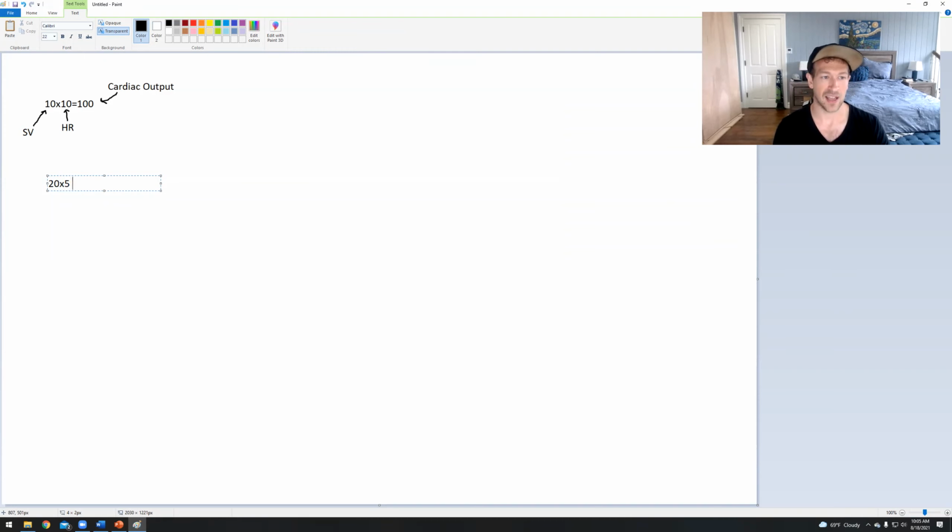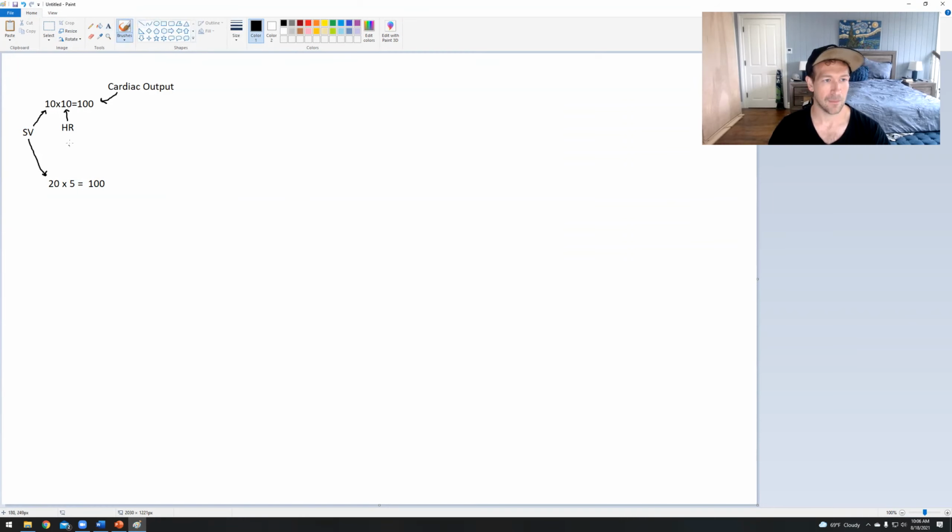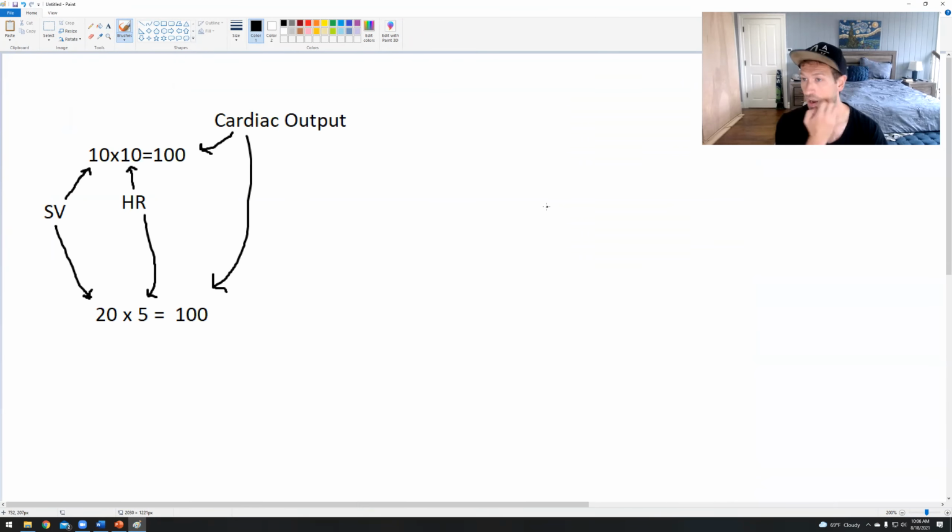And that means that my cardiac output will still be 100, but now my stroke volume is so much higher that my heart rate is able to be lower, even though I'm getting the same cardiac output. So what that draws us to the conclusion of is that the lower your heart rate is, the better in shape your heart is functioning.